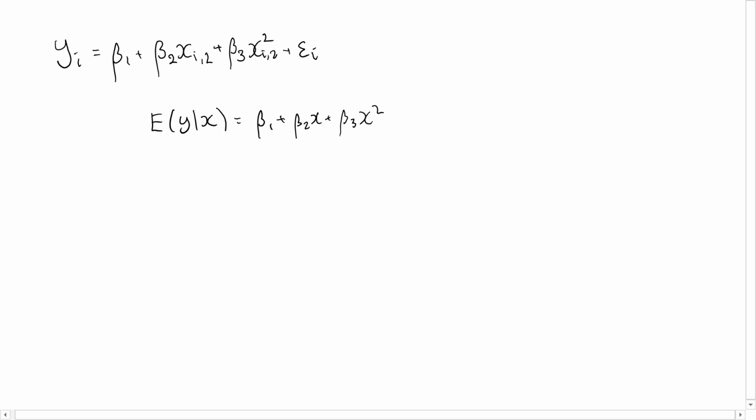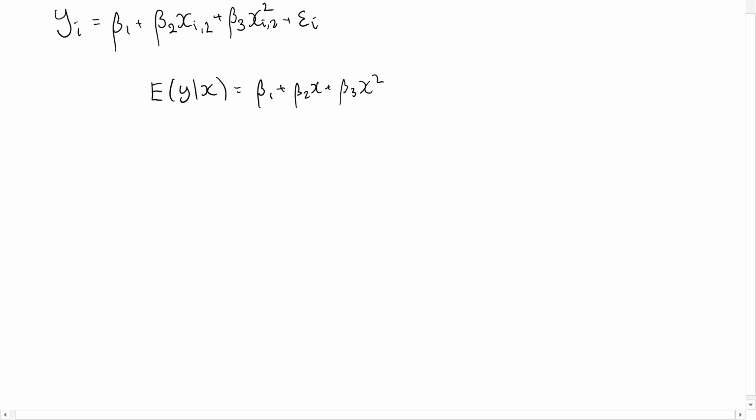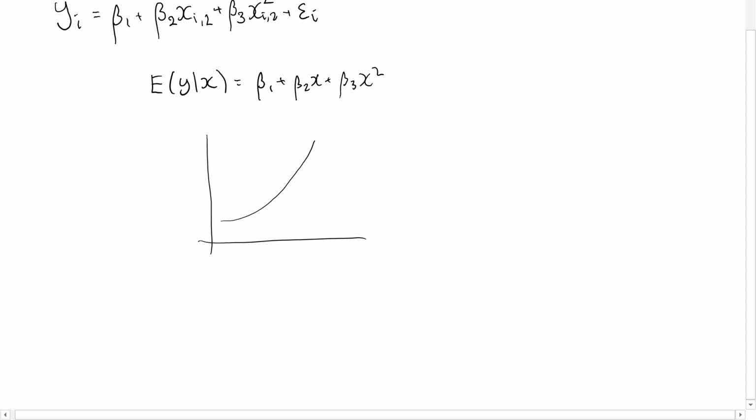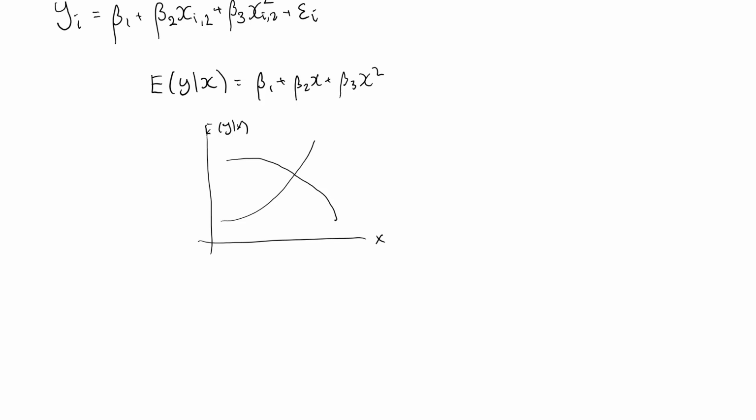So we're simply claiming that once I know x, the expected value of y depends on x according to this quadratic function. Remember, that allows a couple of different relationships between the expected value and x. It could look like this, expected value y given x and x, but it could also look like this.